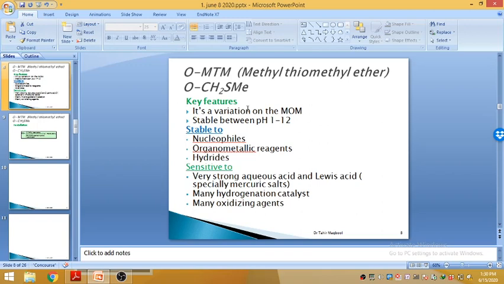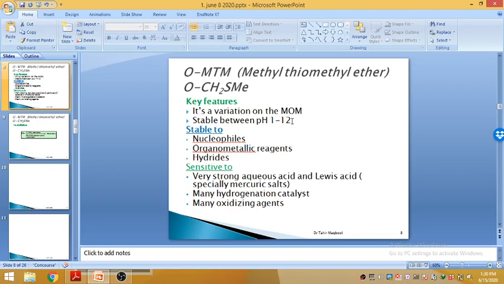Here are the key features of MTM. As I have told you, it is a variation on the MOM group, that is we have replaced the oxygen with sulfur, so it has become methyl thiomethyl ether or OMTM. It is much more stable against acid than the MOM group, that is the pH range is 1 to 12.